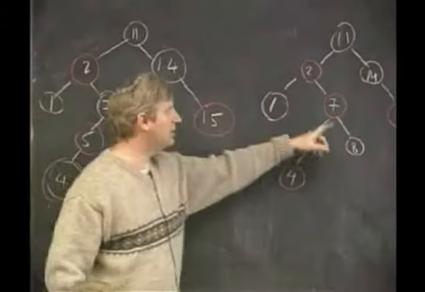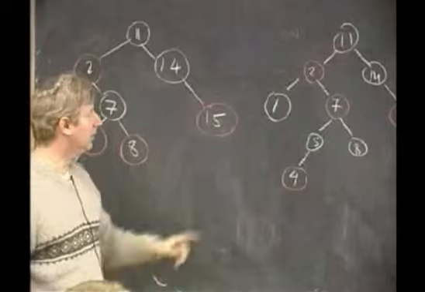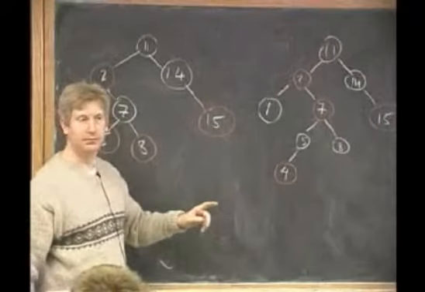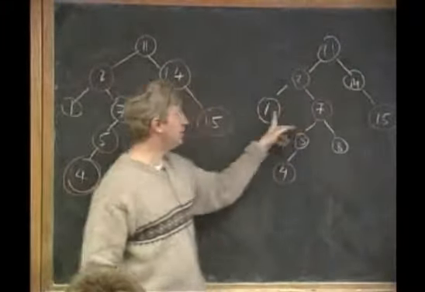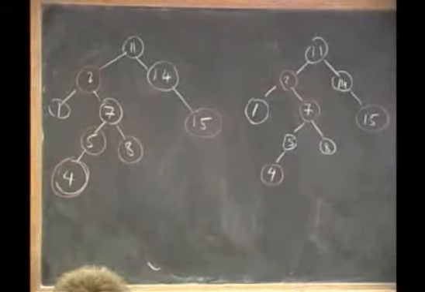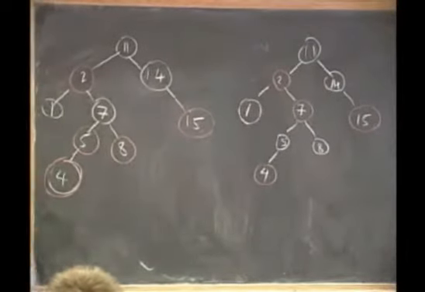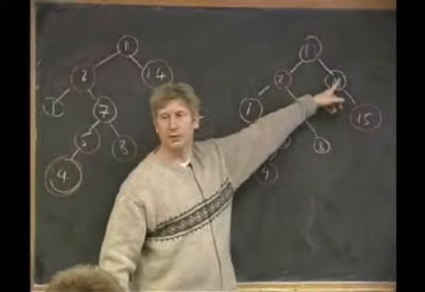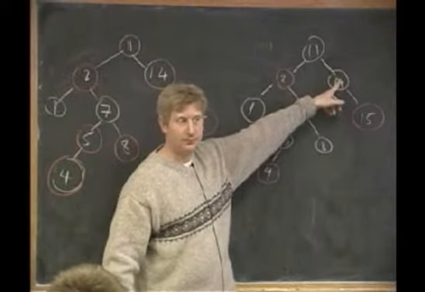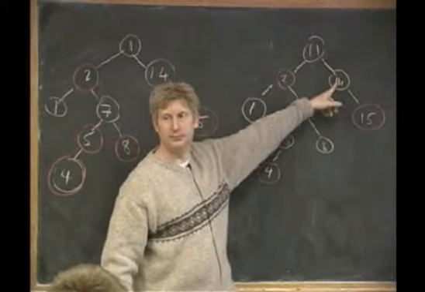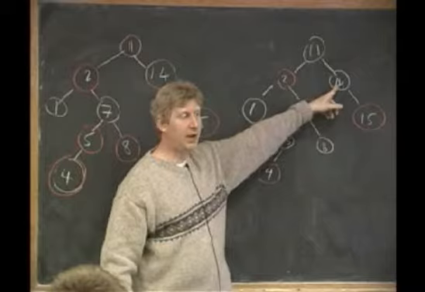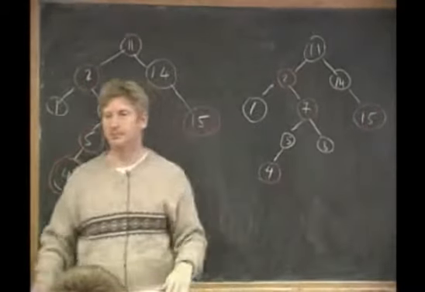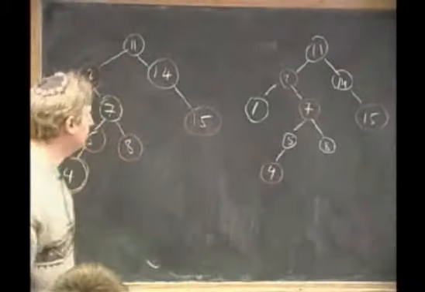Where's the uncle here? Is it this one? Is it this one? Where's the uncle? This is the uncle. It's black, so we got trouble. If it weren't black, we could just pop it up, move the colors up, and we'd be finished.